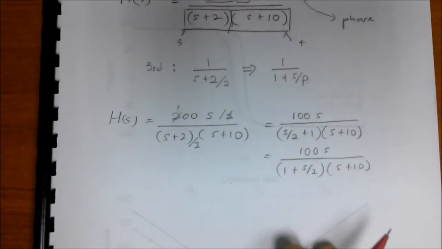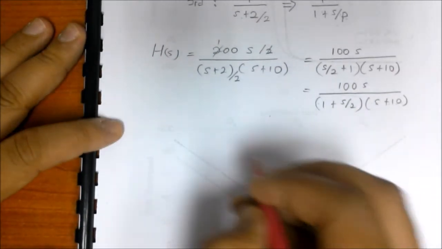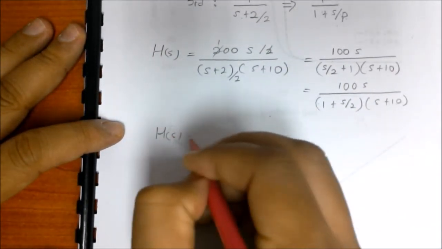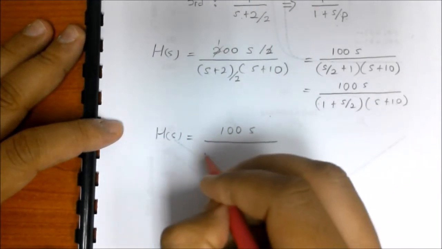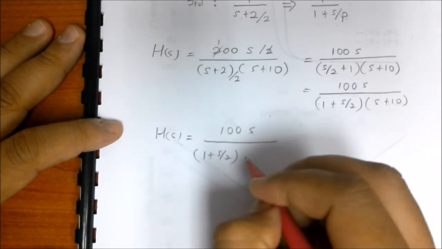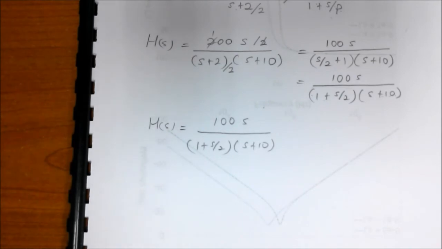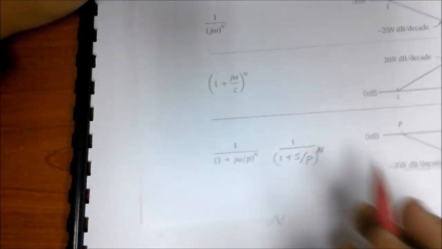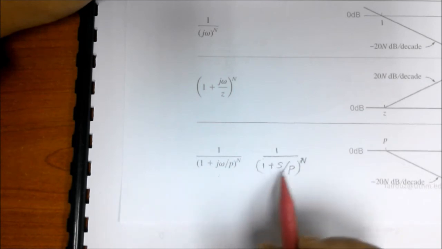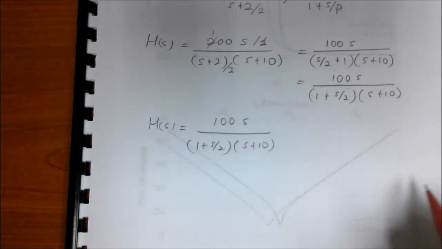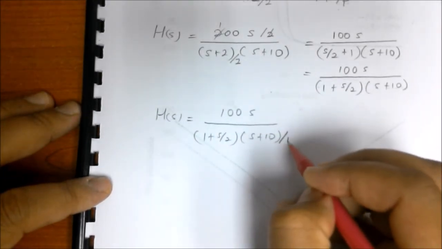So we continue to change the fourth factor. Now we have s over 2, s plus 10. Because we have to make sure that the form is 1 plus s over p, we have to change this to 1, so we have to divide by 10.